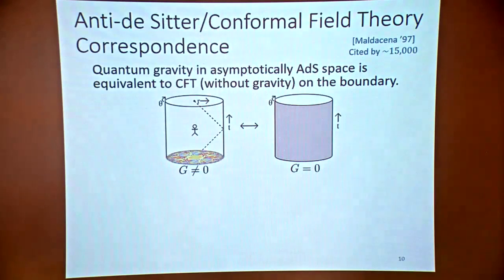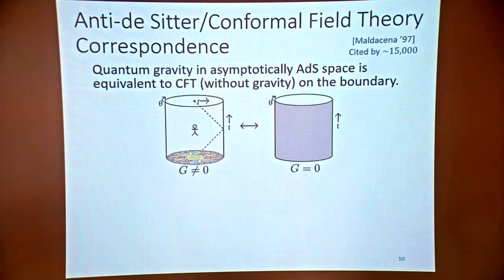The anti-de Sitter/conformal field theory correspondence was a conjectured duality, or equivalence, between two theories. The two theories are formulated in a way that the first one involves gravity and the second one does not. On one side of the duality, we have quantum gravity in this asymptotically anti-de Sitter space.